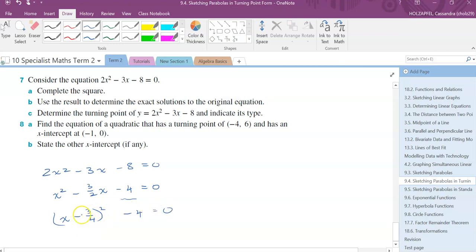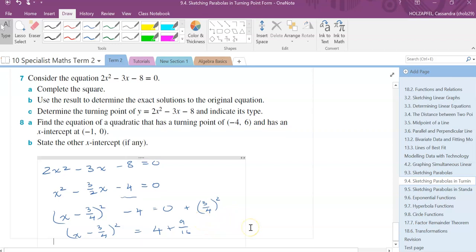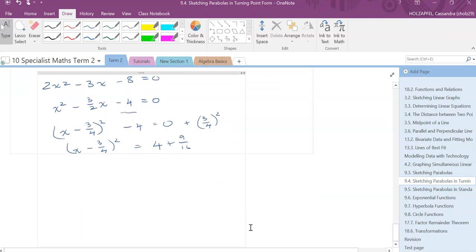Now, in order to complete this square, I would have had to add 3/4 squared. So I'm going to add 3/4 squared on the other side to keep it balanced. So now I have x minus 3 over 4 squared is equal to 4 plus, because I've added that to that side, 4 plus 9 over 16. So that's just going to be 4 9/16. So last thing I can do is I can rearrange that now.